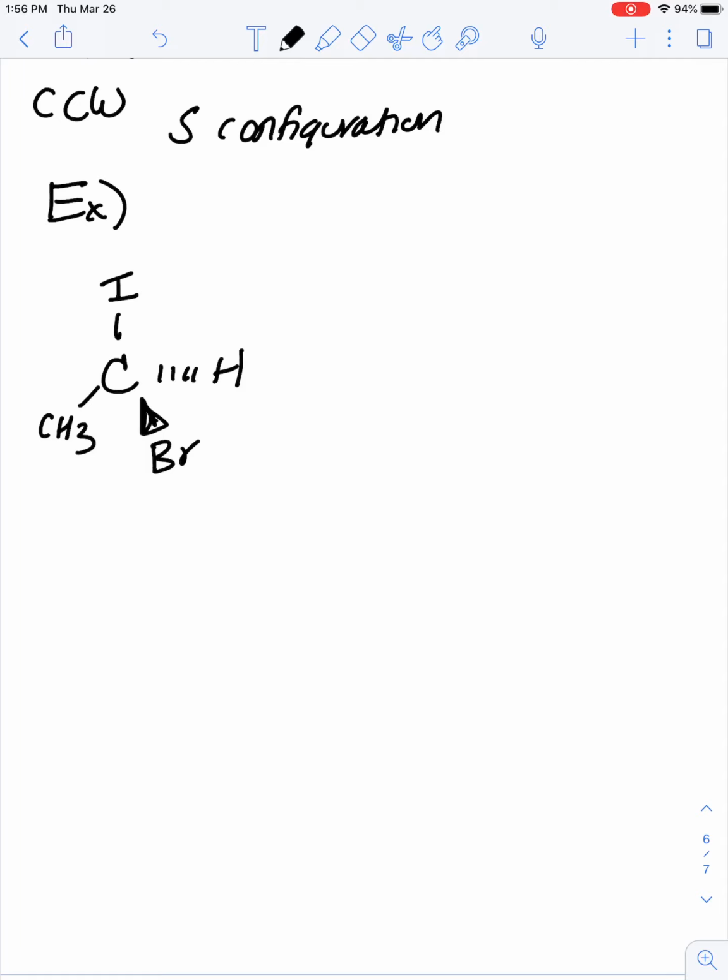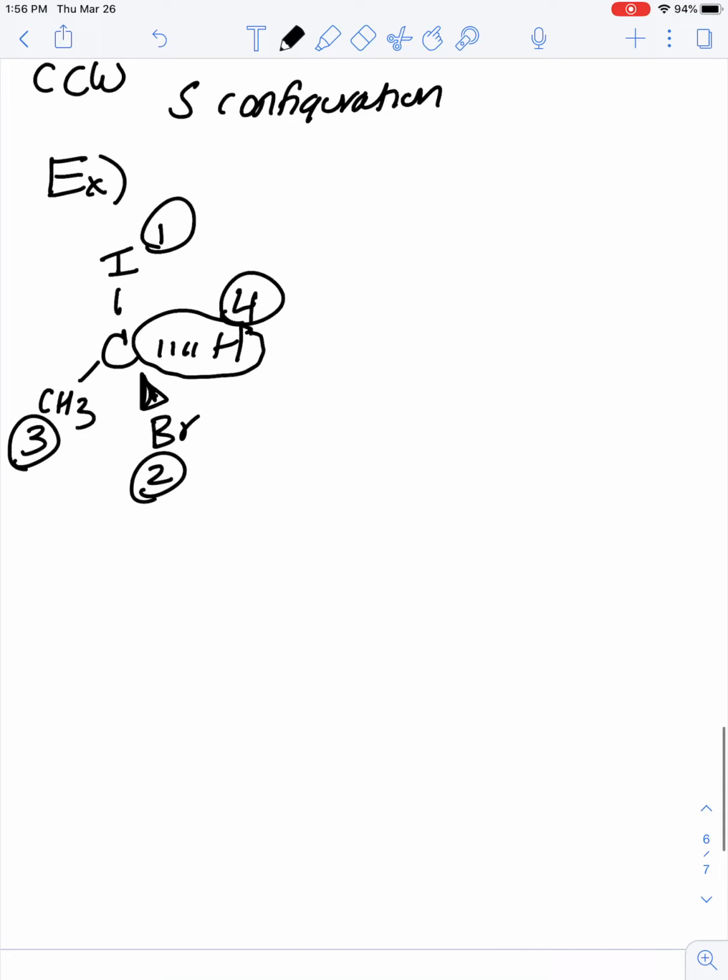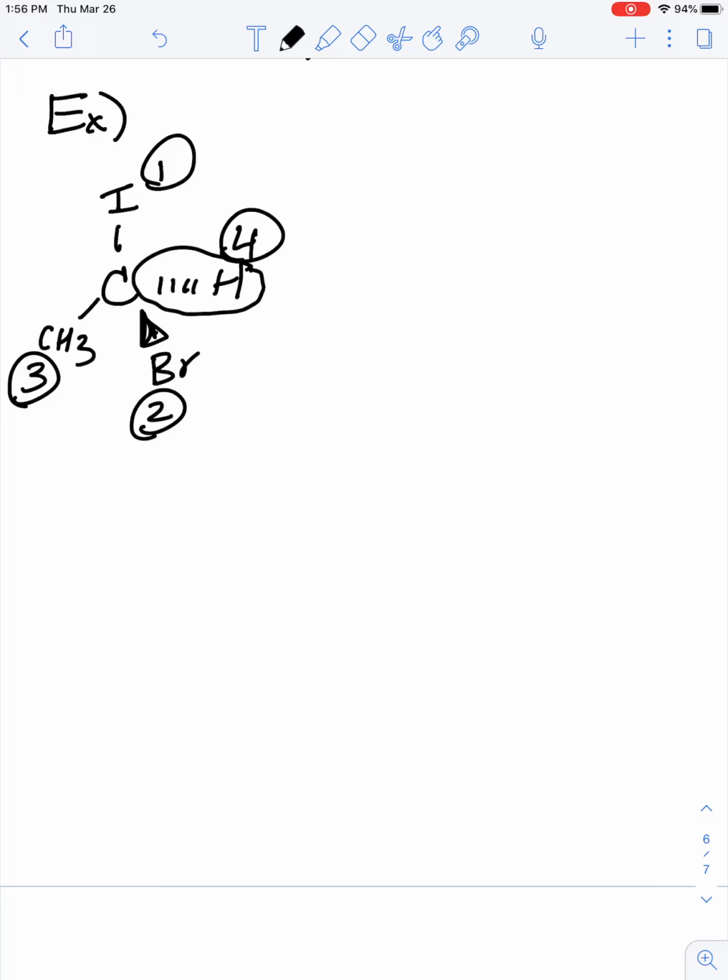This one is pretty much just smaller substituents or just an atom, so it's a little bit easier to look at. But we want to think about atomic numbers and what this carbon's directly attached to. First we would have this as our highest priority, bromine would be our second priority, this CH3 group would be 3, and our hydrogen is our lowest priority. And again, we always need to make sure that the lowest priority, number 4, is pointing away, into the paper, behind the paper, which it is in this case.